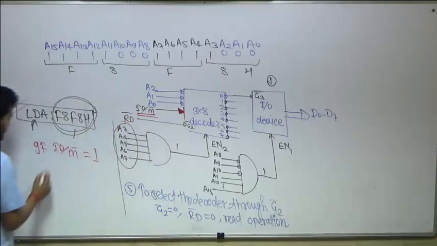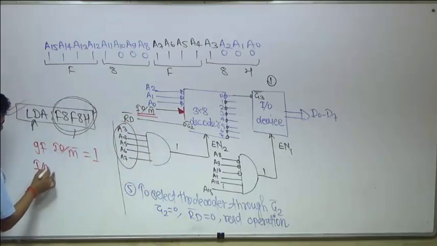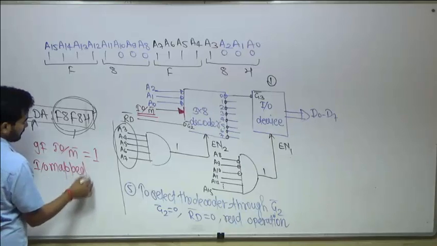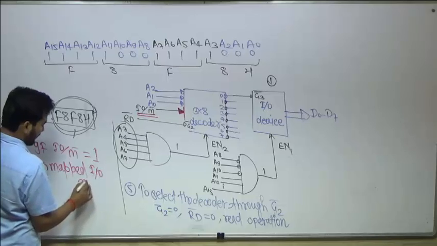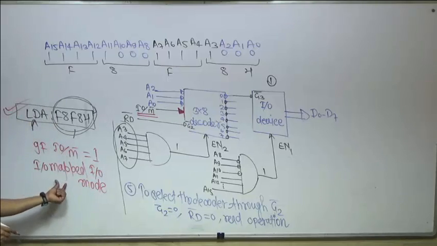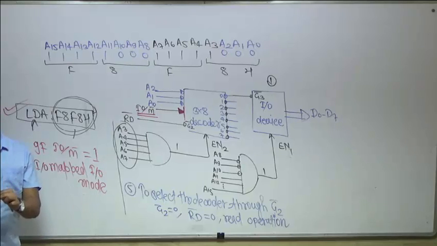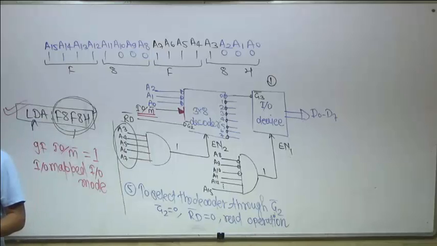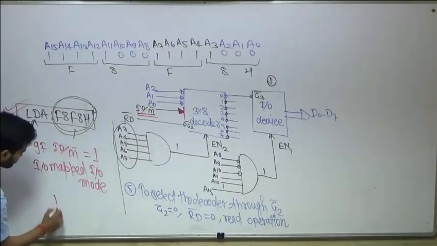That means the device is connected in IO mapped IO mode. In IO mapped IO mode, you have written the instructions IN 8-bit address and OUT 8-bit address. Since this is a read operation, the correct instruction is IN.